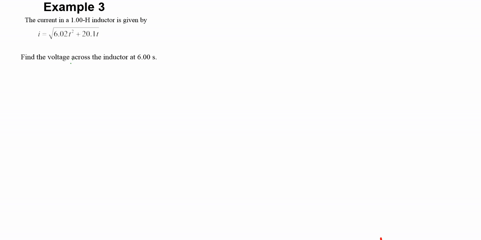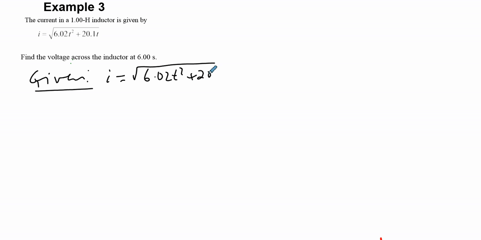So what we're given here is I equals square root of 6.02t squared plus 20.1t, and we are asked to find the voltage at time equal to 6.00 seconds.